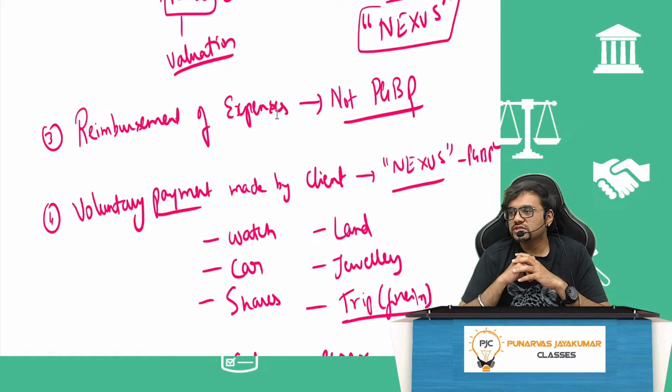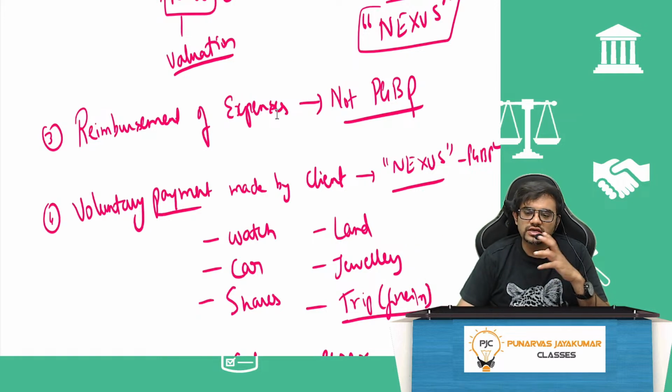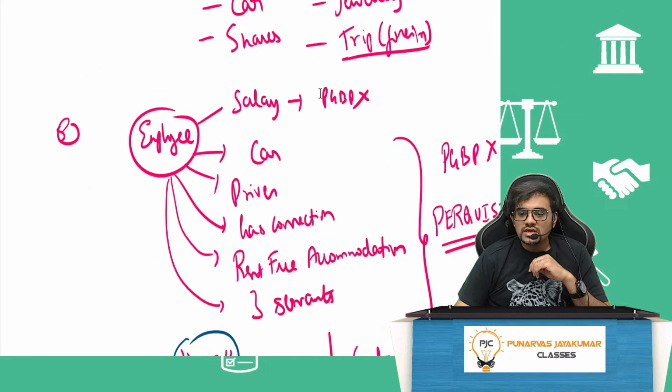No. Why? Because there is no nexus. For everything that I did professionally, he has already paid me money. But that gift was because of the personal relationship that we built. So will there be PGBP? No. But will IFOS, income from other sources, come? Yes. Gift taxation will come. But if it's under a will, then different provisions will come. When we see IFOS, we'll see that.